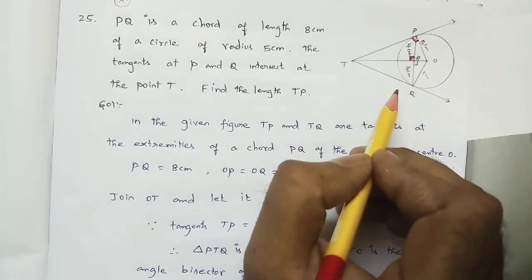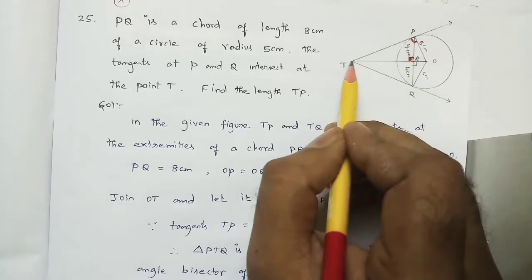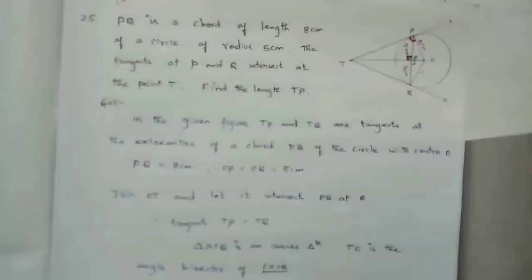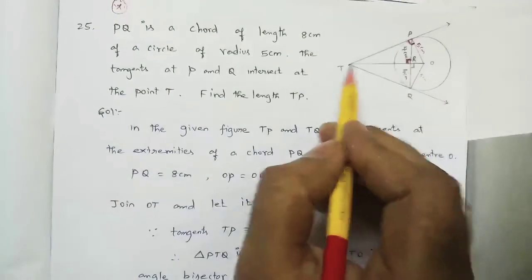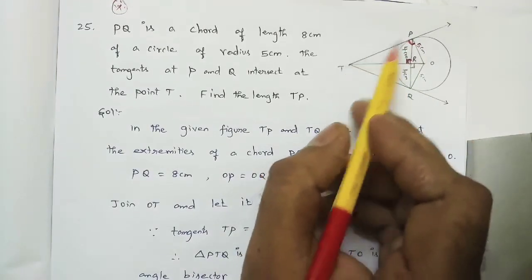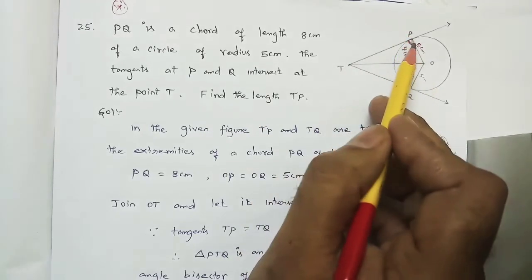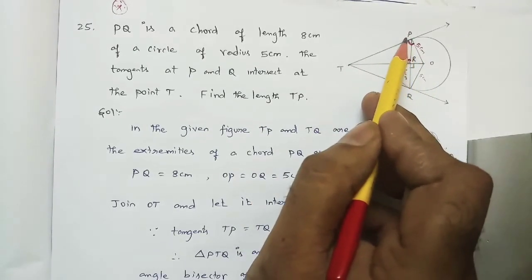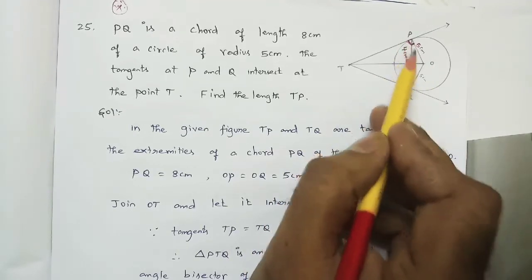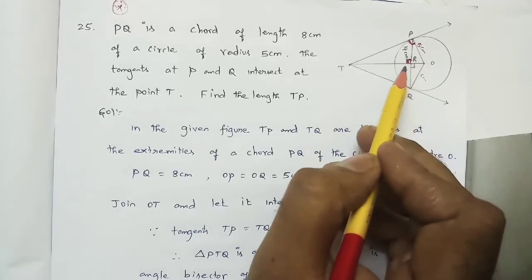Now we have right angles. See how many right angle triangles we have. TRP is one right angle triangle, right angled at R. TPO is one right angle triangle, right angled at P. And ORP, a small triangle, is also right angled at R. So we have three right angle triangles.